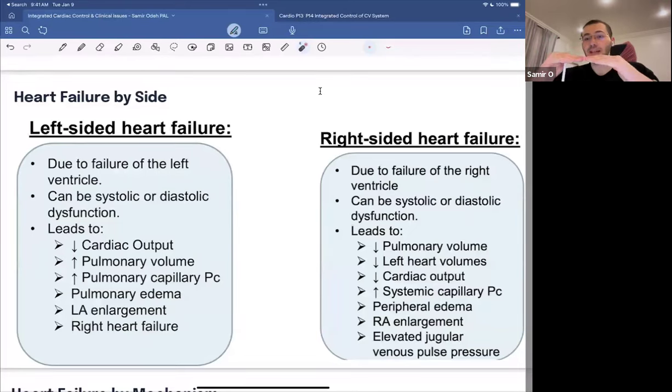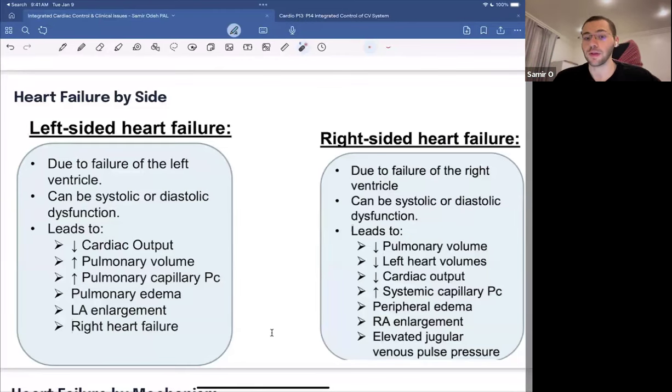That messes up all the conduction pathways within the atria. So if the electricity would go like this, it's now going like this. That is going to be seen on the ECG. It's going to cause splitting on the ECG because the electrical activity is not linear anymore. You're going to pick that up on an ECG, and it's going to be very indicative of right or left-sided heart failure.